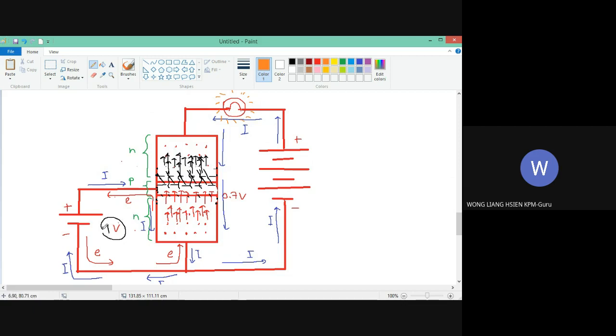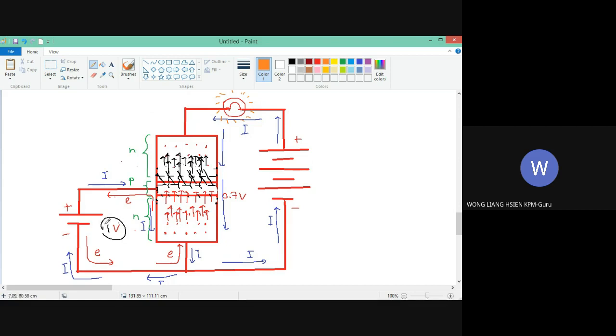The bigger the voltage here, the bigger the current. Because the bigger the voltage, the greater the amount of charge carriers that can pass through the transistor. More electrons can pass through, so a bigger current can pass through the transistor.